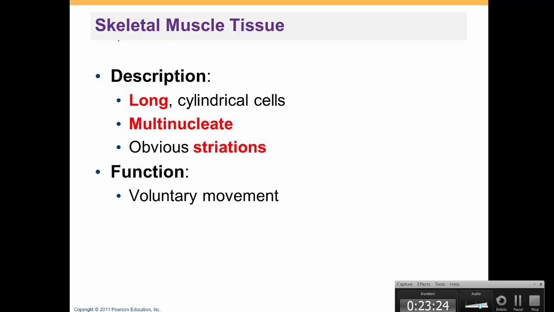If we start with the skeletal muscles, these muscle cells, we call them muscle fibers because they are very elongated like a fiber. So these ones are very long. They have multiple nuclei, and also they have striations.